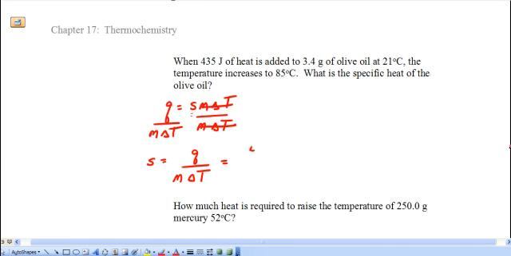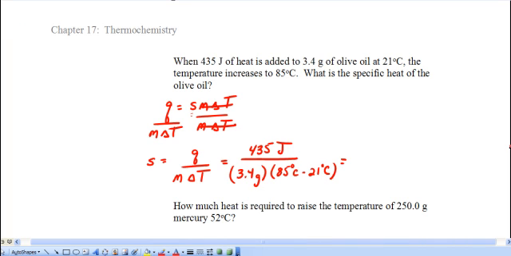The heat was 435 joules. The mass was 3.4 grams. The temperature change was, well, it started at 21 and ended at 85, so it's going to be 85 minus the 21 degrees Celsius.